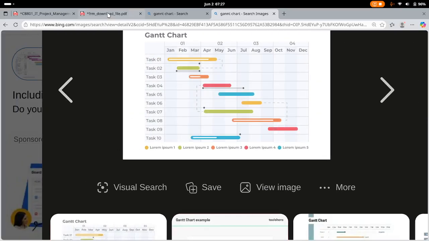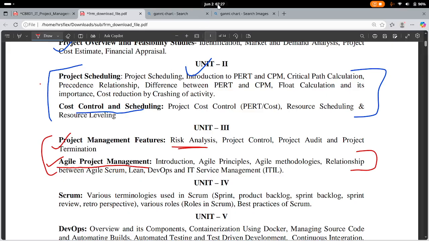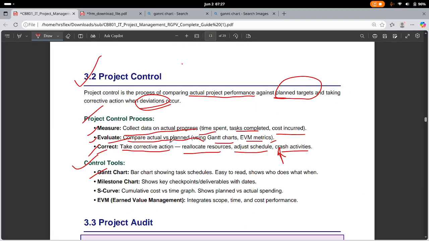It is usually used in industries. मैंने भी use किया काफ़ी बार. It is a bar chart showing tasks and schedules, easy to read. It shows when it should be completed and how it is going now. Milestone charts, S-curve, EVM, earned value management: these are the tools used to control the project. Hope it is clear.